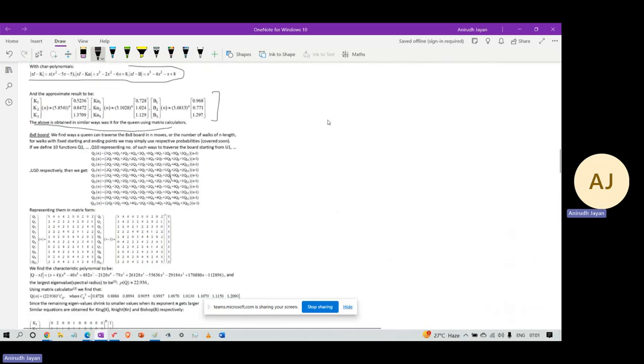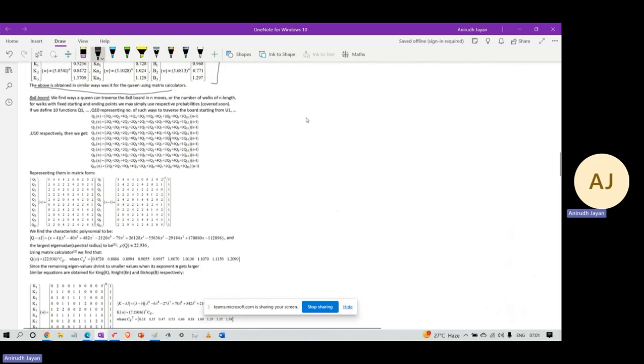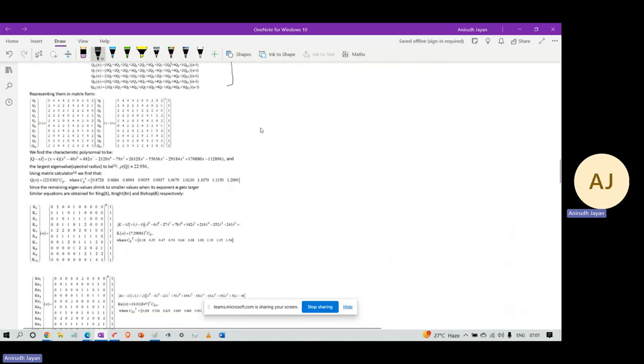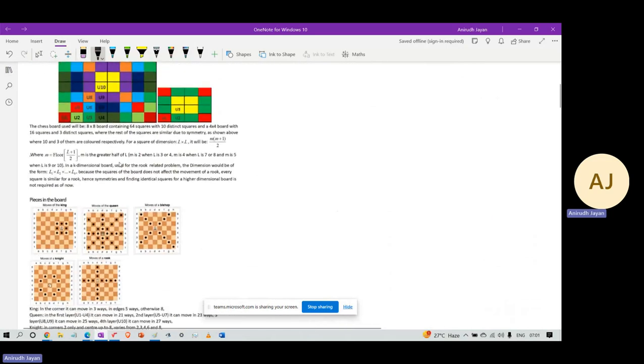Now let's get to the 8x8 chessboard. One can also get these 10 equations for these 10 pieces.